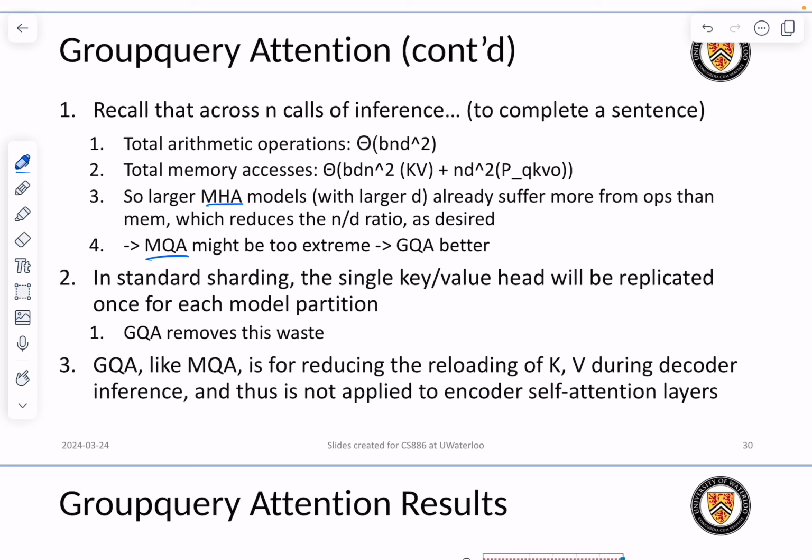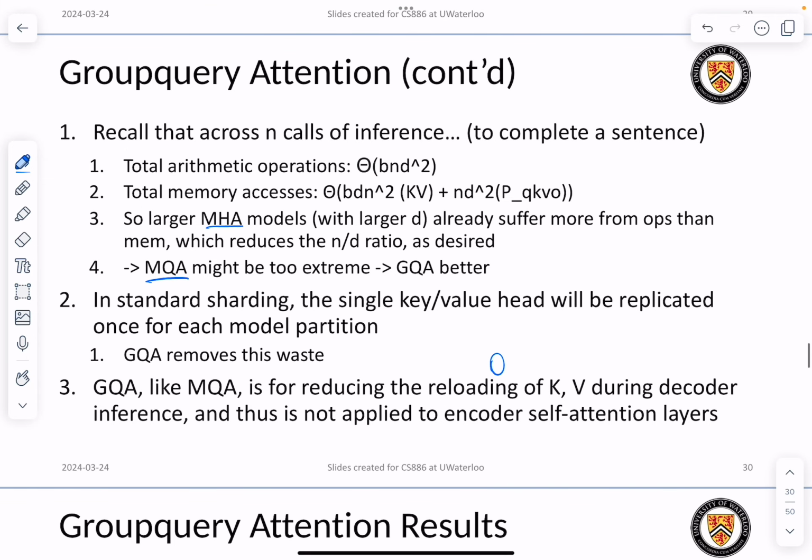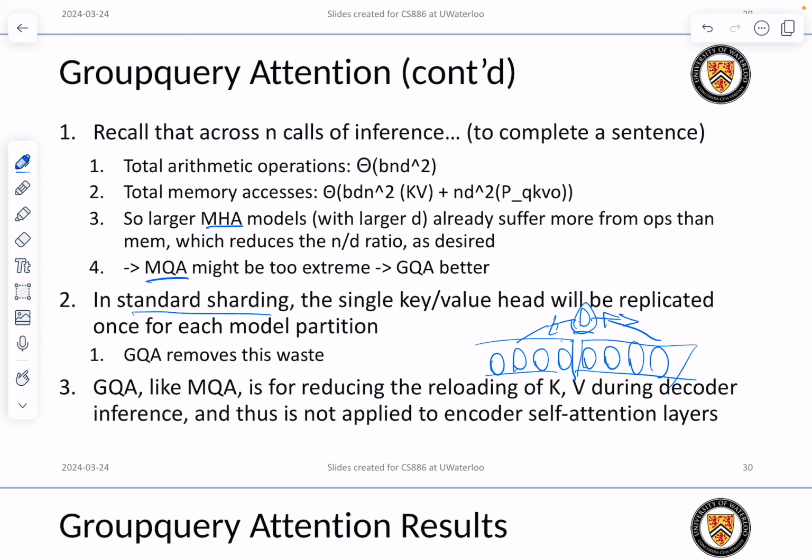And moreover, if you consider MQA, where 8 of these heads all share a single projection matrix, in standard sharding, these 4 might be grouped into one shard, and these 4 into another shard, and this projection matrix here would originally have had to be copied twice anyway. So that's kind of saying, if it was going to cost this much memory anyway, why not just do GQA?